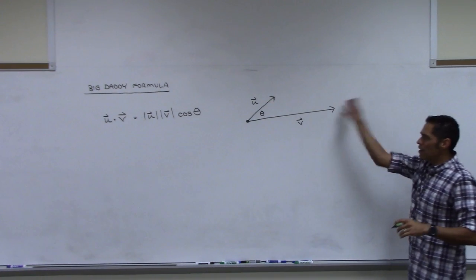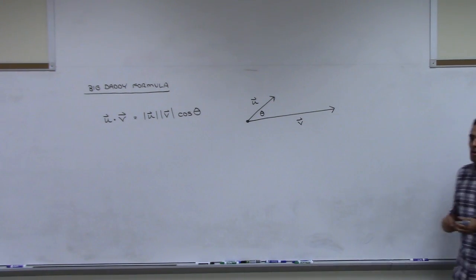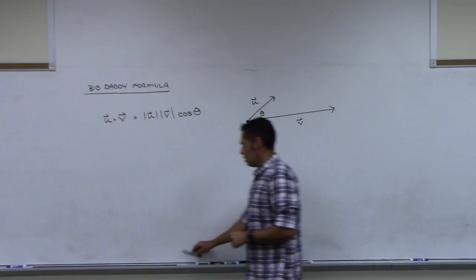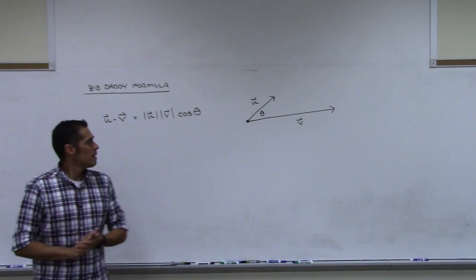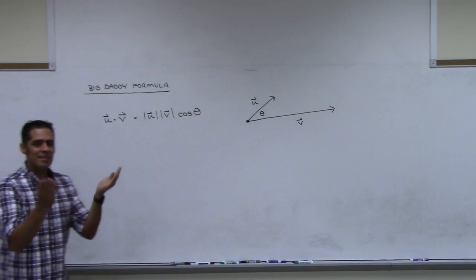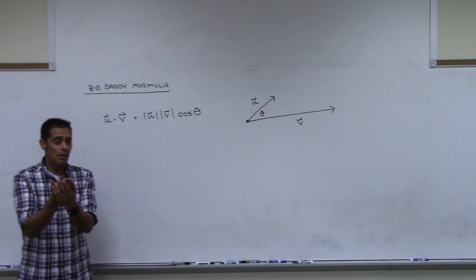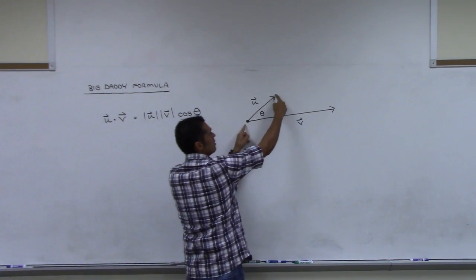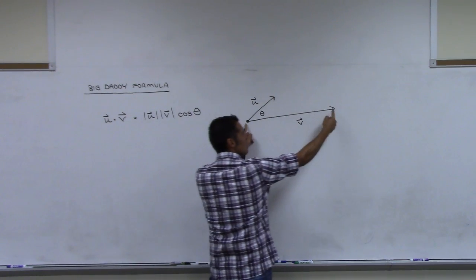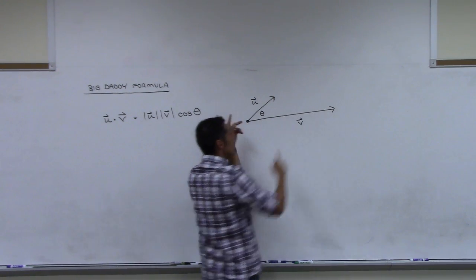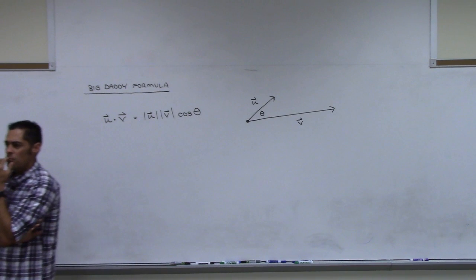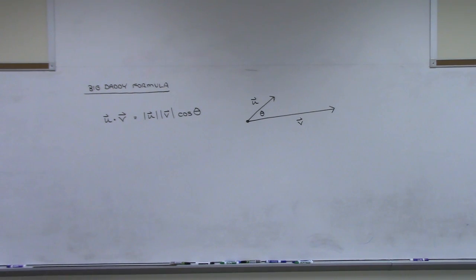This is not a triangle. We're not drawing triangles. We're not doing any triangle work right now. If you take the dot product of two vectors, you get a number. That number is the length of this vector times the length of this vector times cosine of the angle between them. Okay? You all understand that?